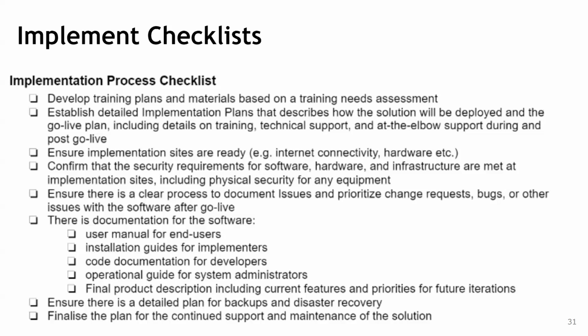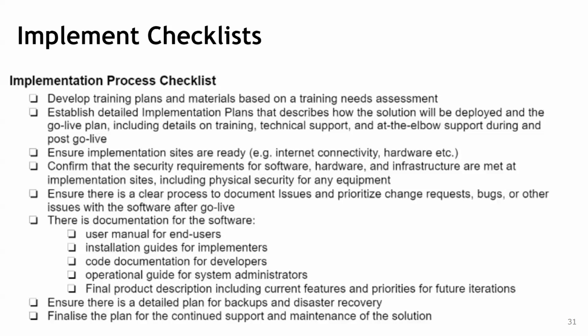After those activities are done, we need to plan for support so that the facility or the people who are implementing are not left to figure things out for themselves. So it's very important, and also plan for support just after the implementation has been done, so that users can be assisted when they are starting to use the system.